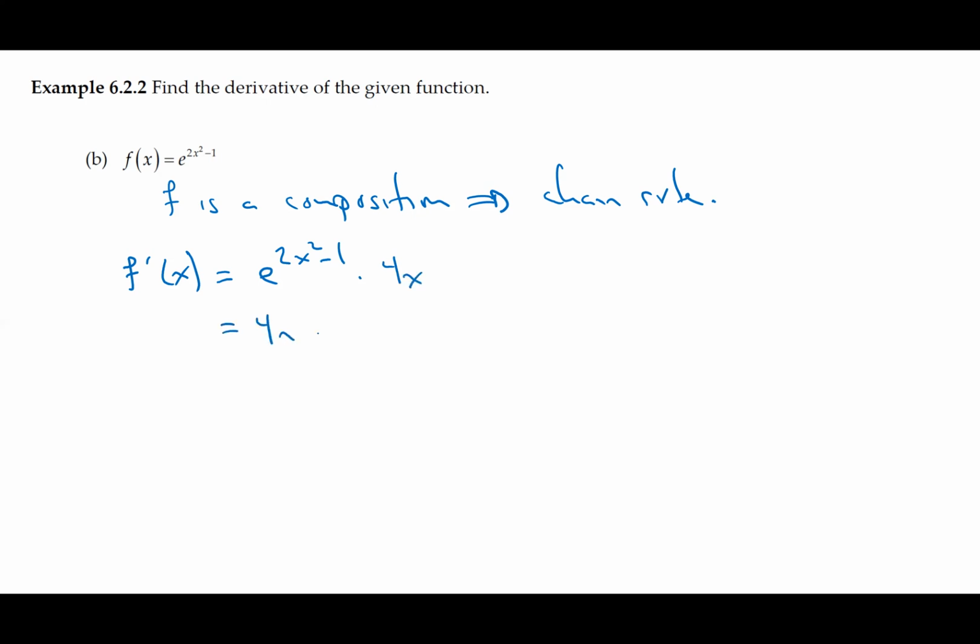So we have 4x e to the 2x squared minus 1, okay? If you want to think about u substitution, you could call u 2x squared minus 1, and so df dx would be df du times du dx, okay? So we just get this.